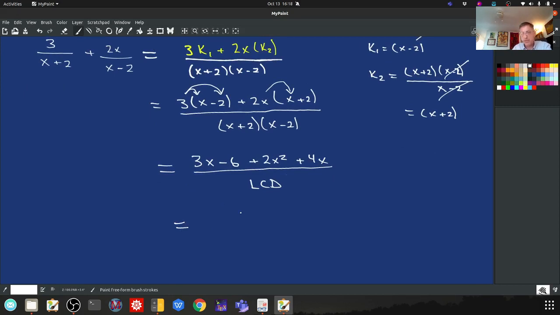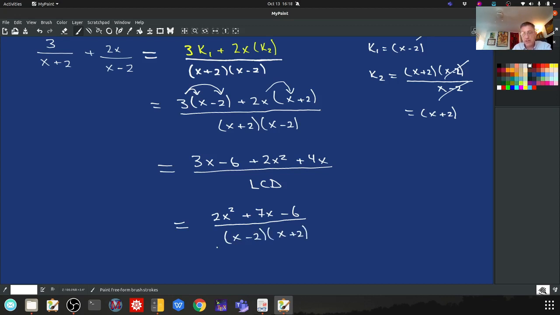So we have to simplify this. That's 2x squared, 3x plus 4x is 7x minus 6, and it's all over my LCD of x minus 2 times x plus 2.